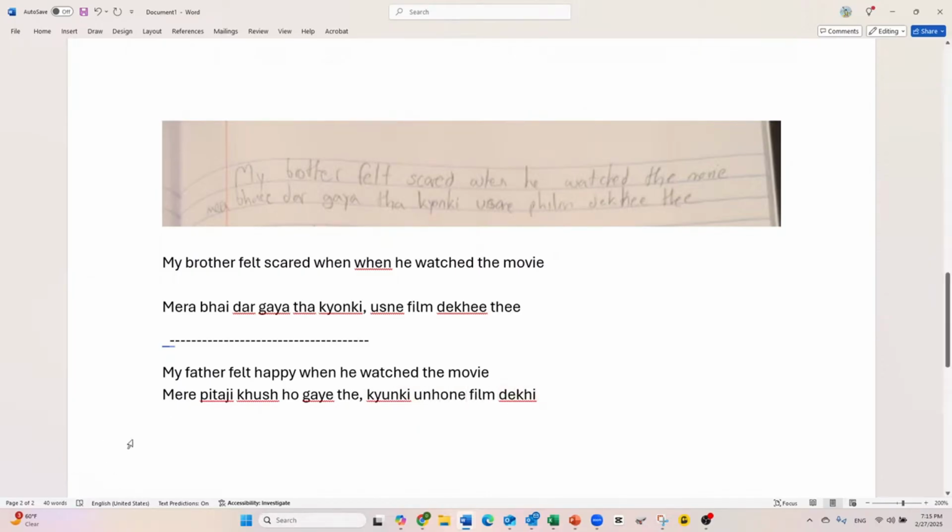So repeat with me, Kavina. मेरे पिताजी खुश हो गए थे क्योंकि उन्होंने फिल्म देखी.